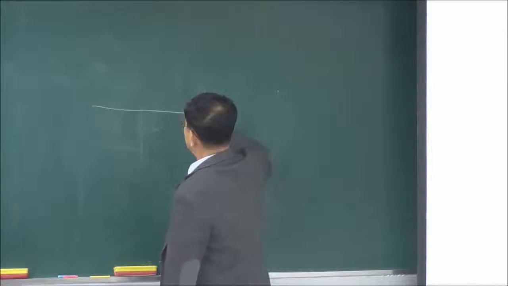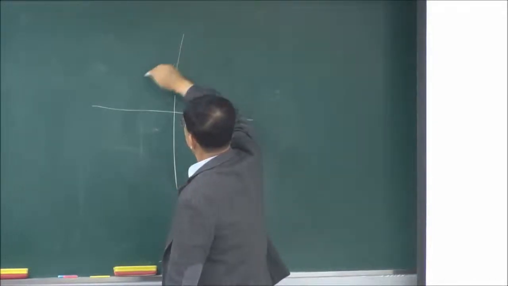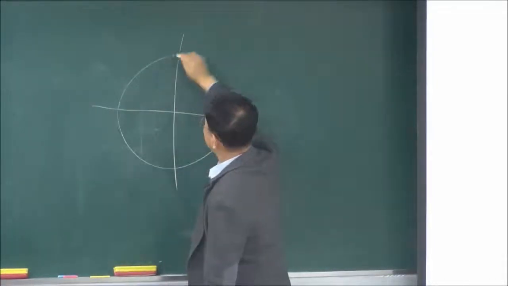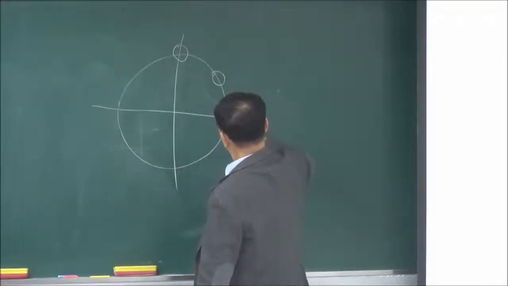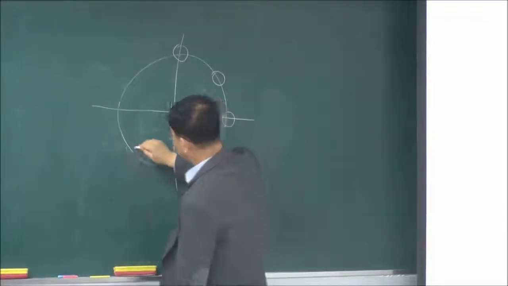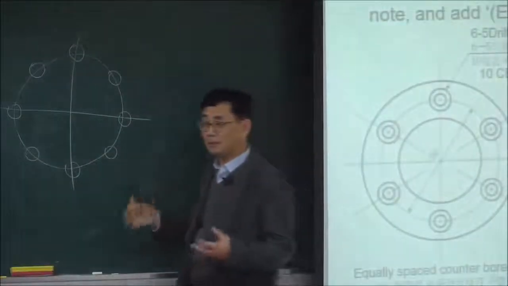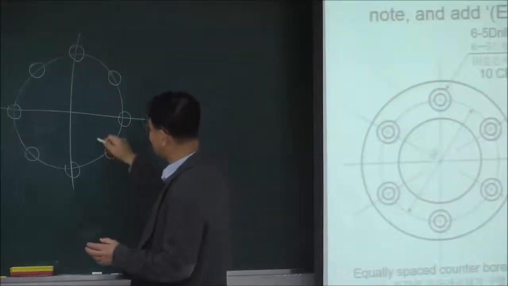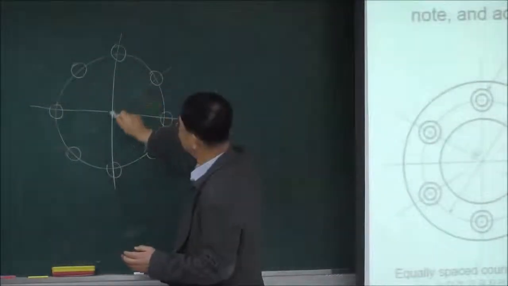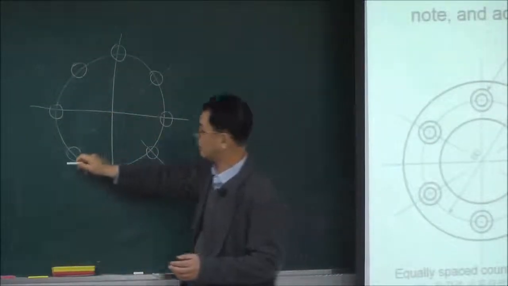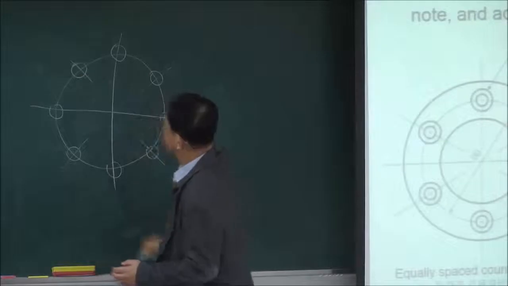All right. Now, in the equal space holes, for example, these holes here. Now, I explained that the center line should be like this, pointing to the center of the circle. Now, the shape is like this.